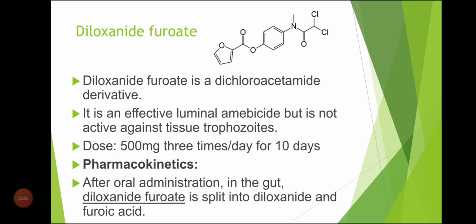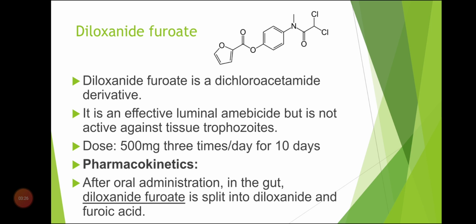In the structure, on the right-hand side you can easily find the dichloro and acetamide structure, N-C double bond O, Cl Cl. This part is the dichloroacetamide functional group. It is an effective luminal amoebicide, but it is not active against tissue schizonticides. The dose of diloxanide furoate is 500 mg thrice a day for 10 days.